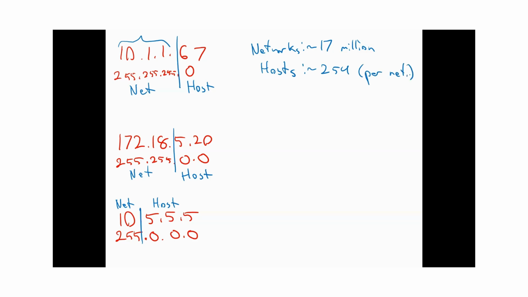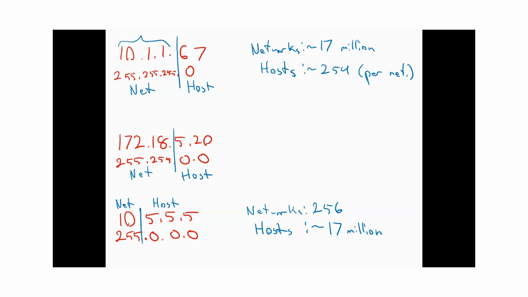Talking about the bottom example, just 255.0.0.0, now only giving 1 octet to the network portion, it's flipped. We've got 256 networks we can create, 0 through 255, and as far as hosts per network are concerned, we'll have roughly 17 million.